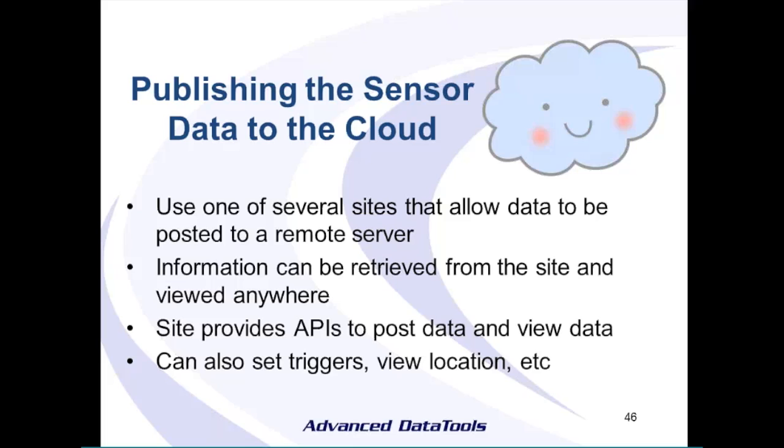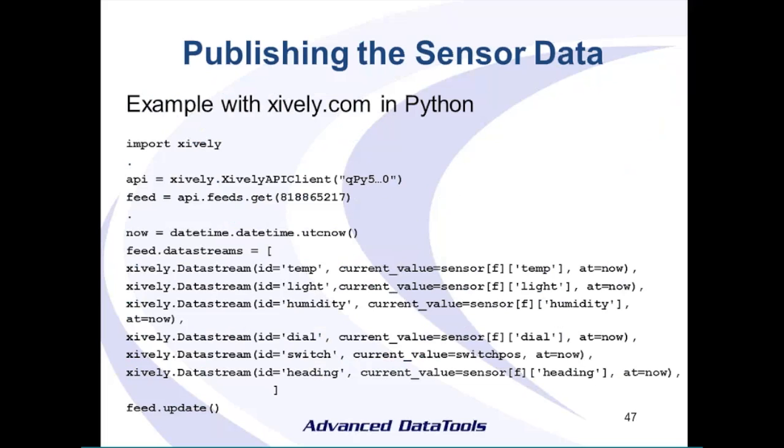But here I'm using the cloud, and that allows you to view that data from anywhere. APIs are supplied, so you can add data to it and pull the data back and view it in different ways.